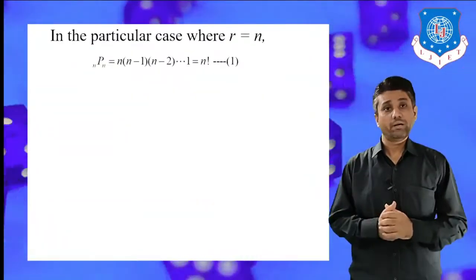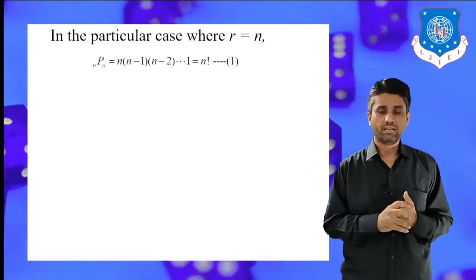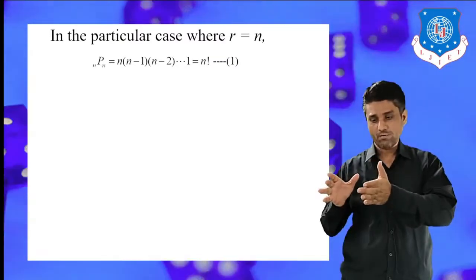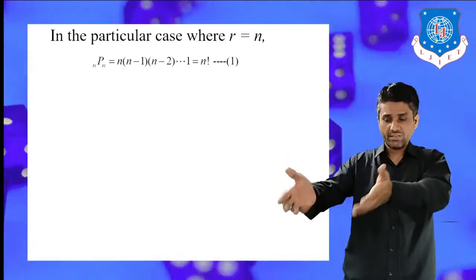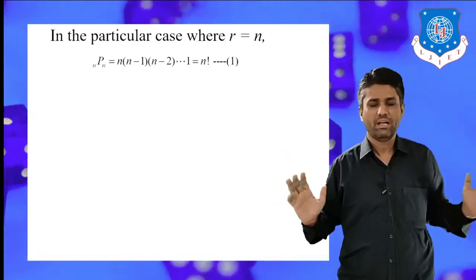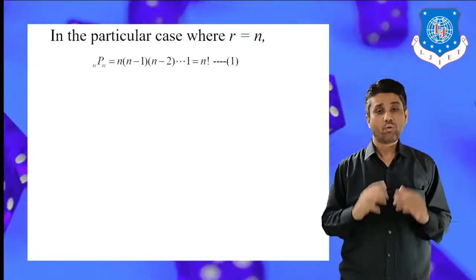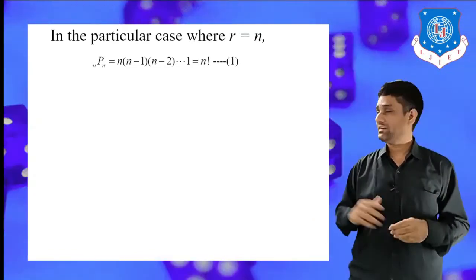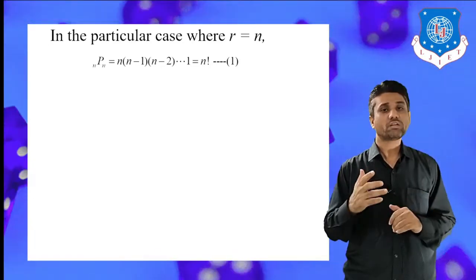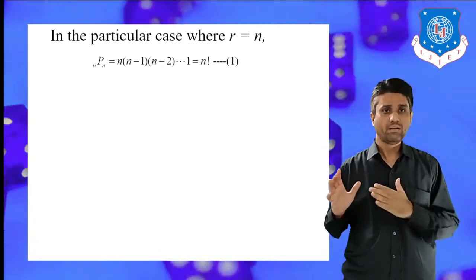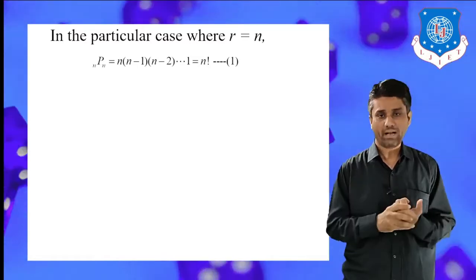Now consider the case where the total number of objects and the number of objects we want to draw are the same, that is, r is equal to n. What is the formulation of permutation then? nPr is replaced by nPn, because r is replaced by n.